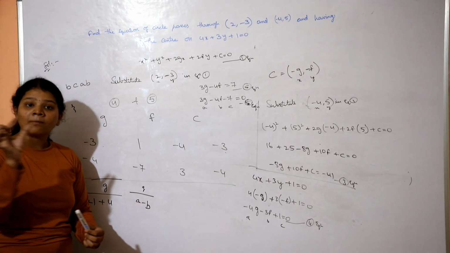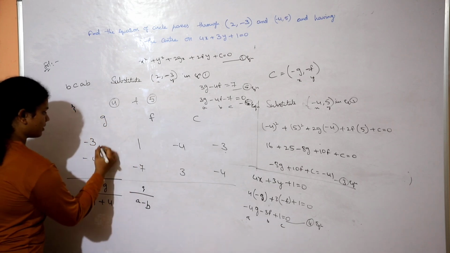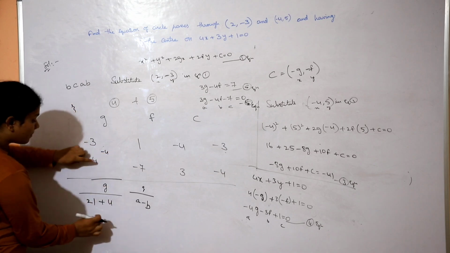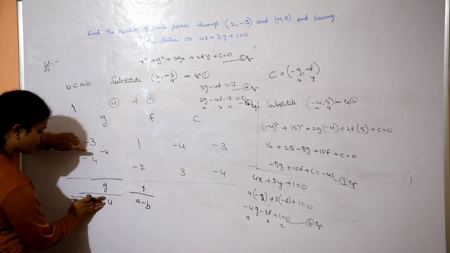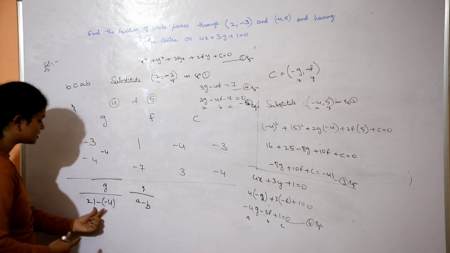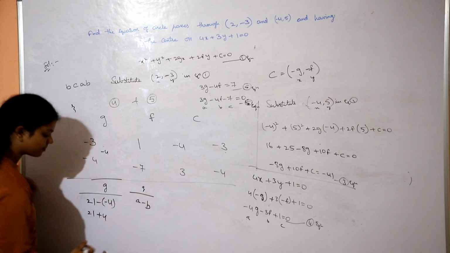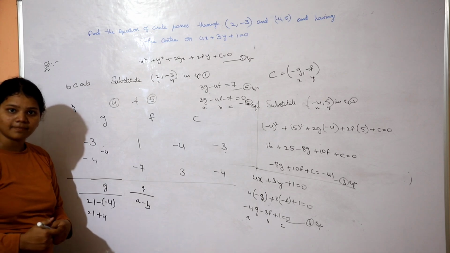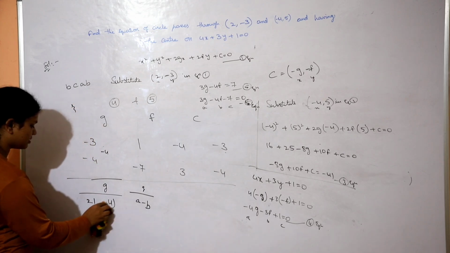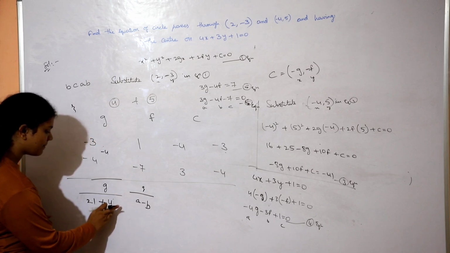By multiplying, I got minus 4, but the minus already exists, so here I am having minus into minus 4. How much? This becomes plus 4. Therefore I can write 21 plus 4. Are you getting it? Very good. So this becomes 21 plus 4.